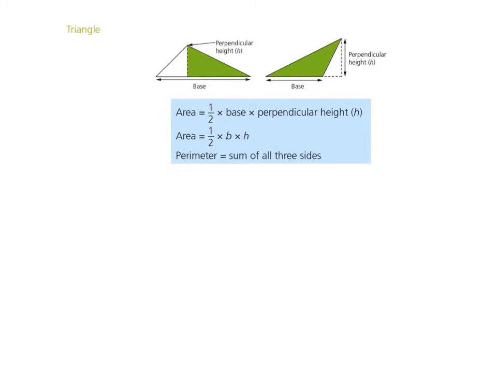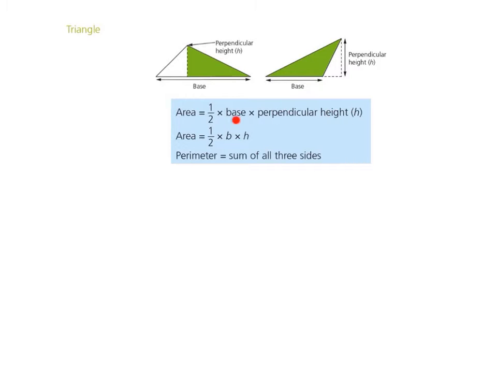And there we go, triangle, okay? So the formula for area of the triangle is 1/2 multiplied by the base and multiplied by perpendicular height. Okay, so if we didn't have 1/2, let's say we have just base by height. So what is it?